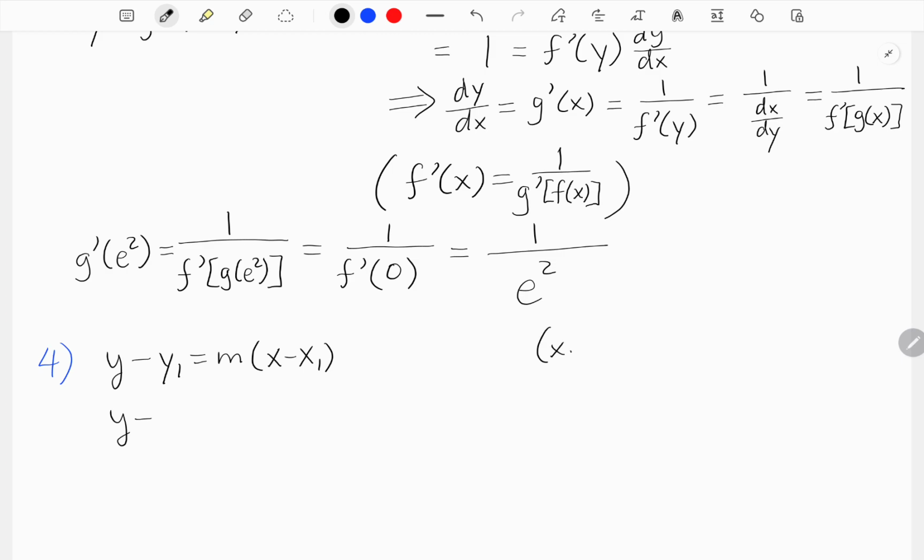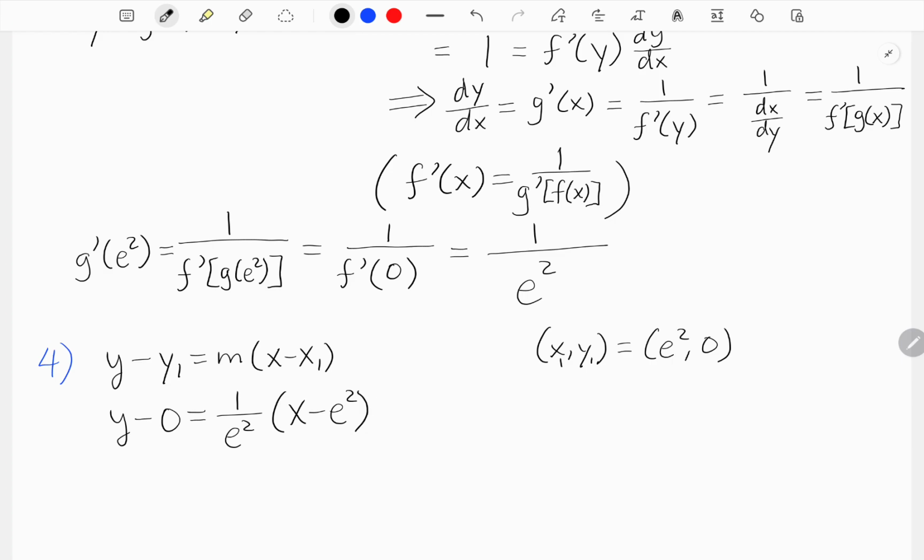Our point x comma y is e squared comma 0, so I guess you can call it x1, y1. y1 is 0. M right here is g prime of x1, which we found was g prime of e squared, which was 1 over e squared, times x minus x1, where x1 is e squared.